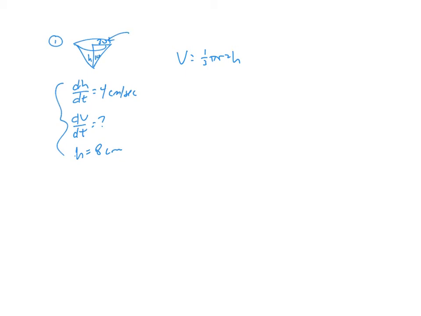So that means that the height is 1/3 of the radius, or that the radius is 3 times the height. So I'm going to rewrite this and just have 3h squared there, which means our volume is 3 pi h cubed. Now when we take the derivative, we don't have to worry about that radius.